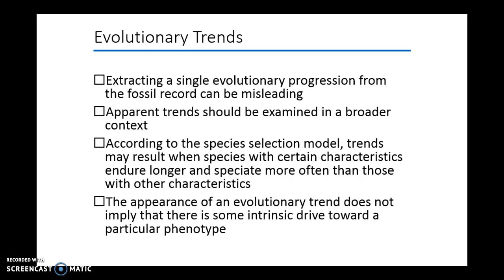Trends should be examined in a broader context other than just fossils. And according to species selection models, trends may result when species with certain characteristics endure longer than those with other characteristics. So we have a better chance of having fossils or having some sort of record.